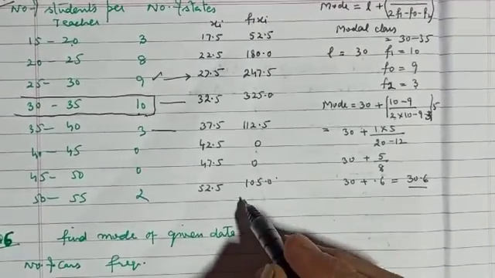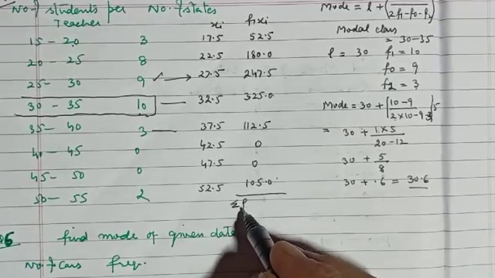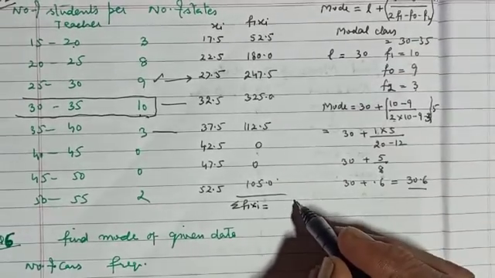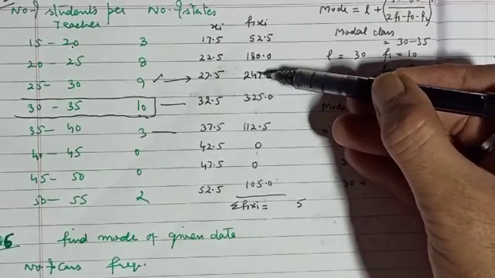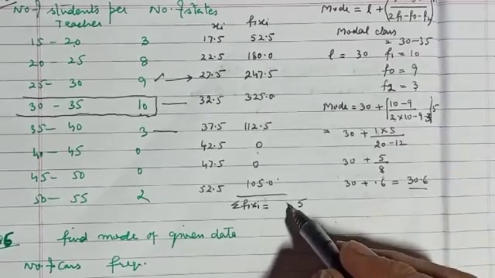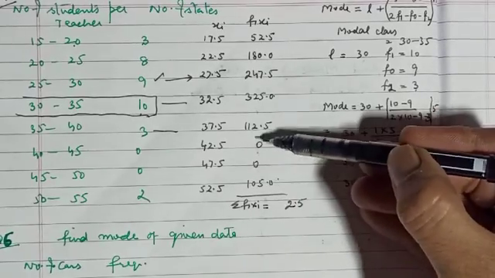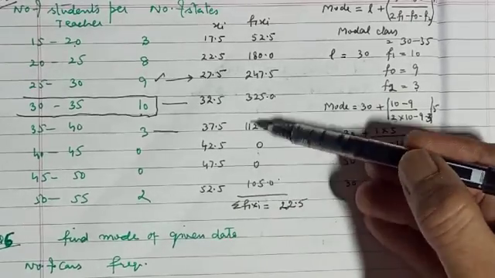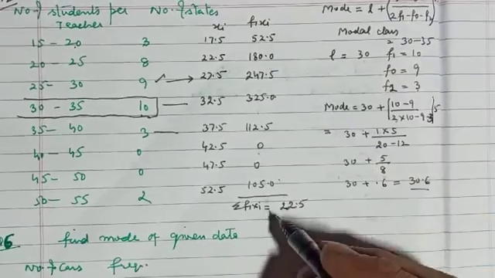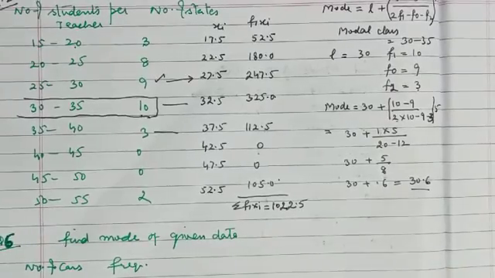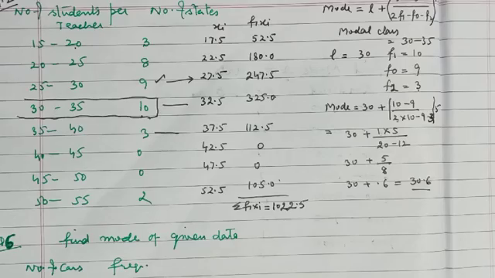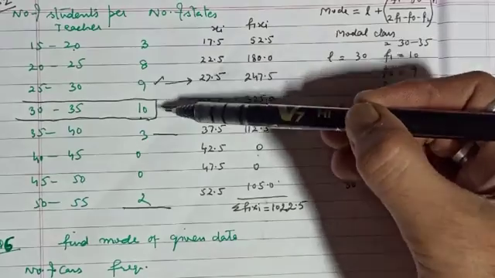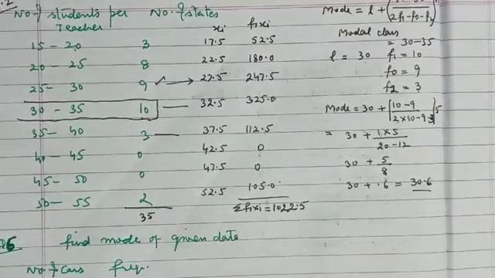Then we have to find the value of sigma Fi. 5, 5, 5, 15, 1. It will come out to be 1022.5, and this value comes out to be 35.